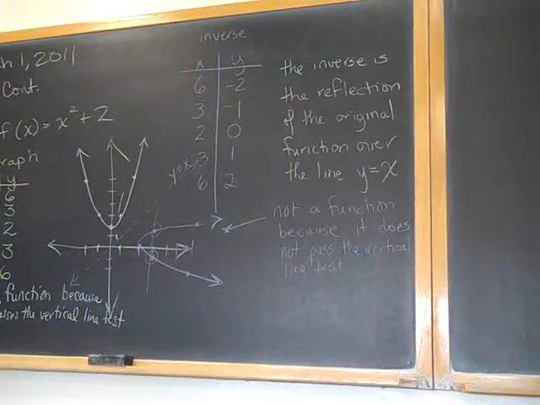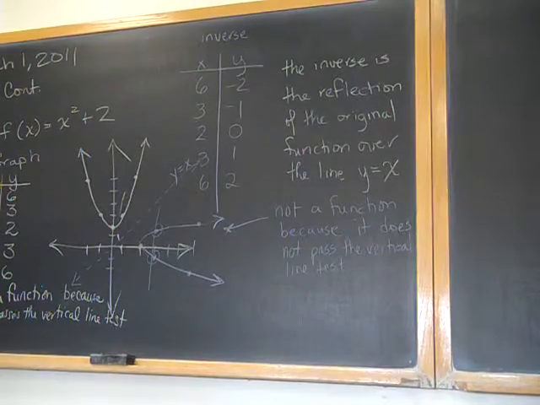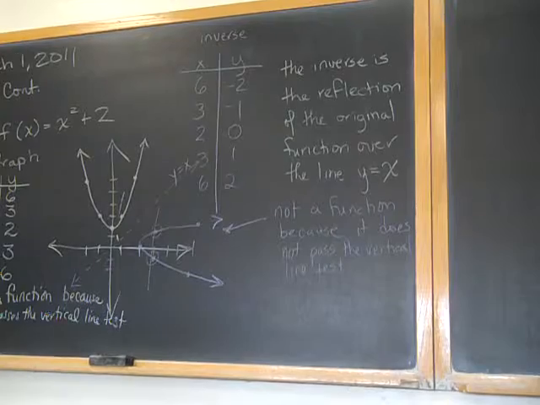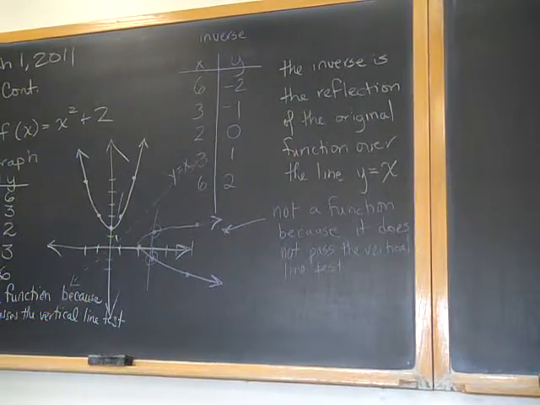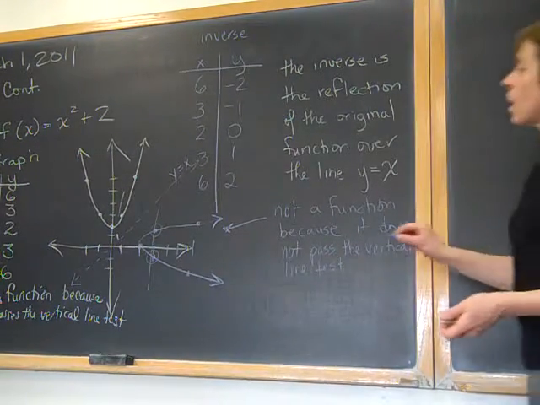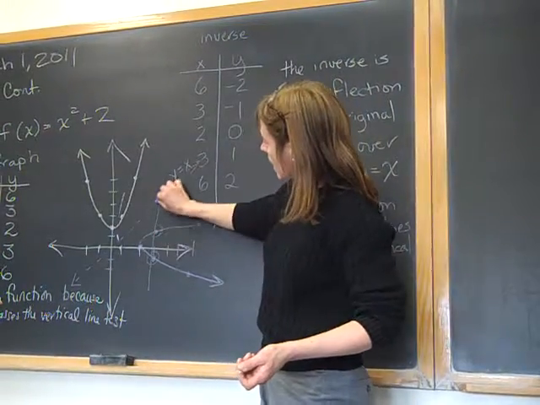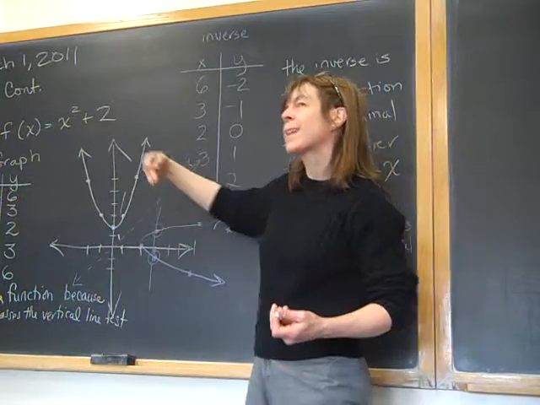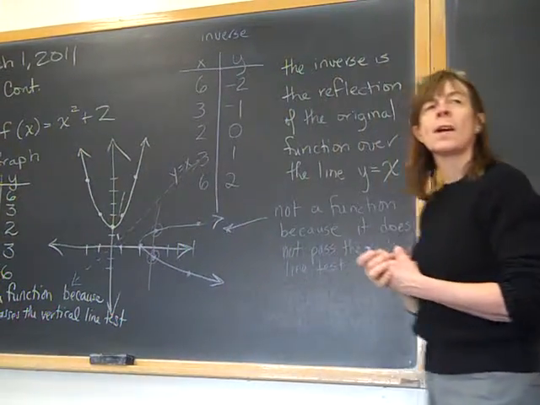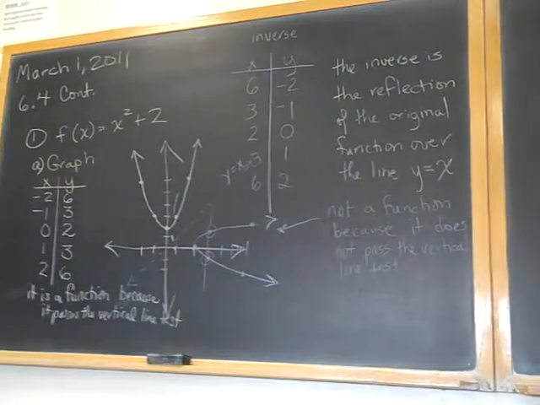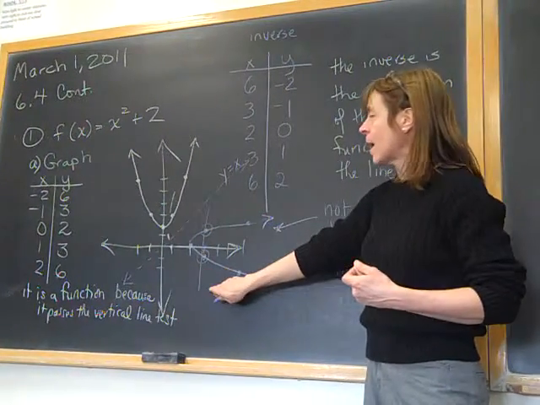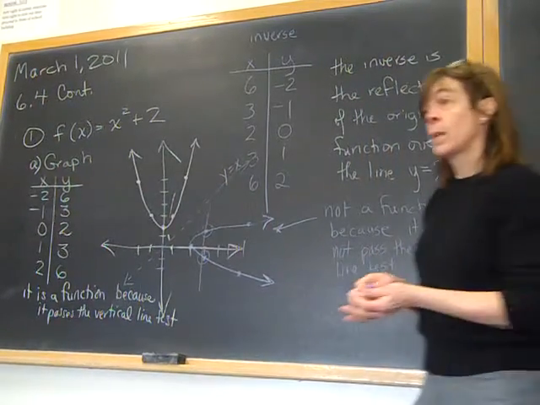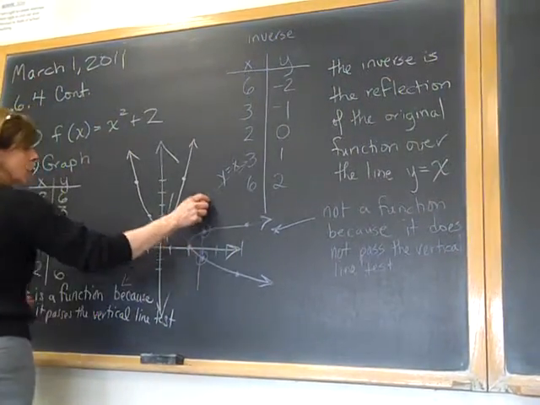Now, it would be nice to know ahead, just looking at the white one, that the purple one isn't going to be a function. If we look at this vertical line that I put through the purple, and we were to reflect that back over the line y equals x, what would this line look like? It would become a horizontal line.